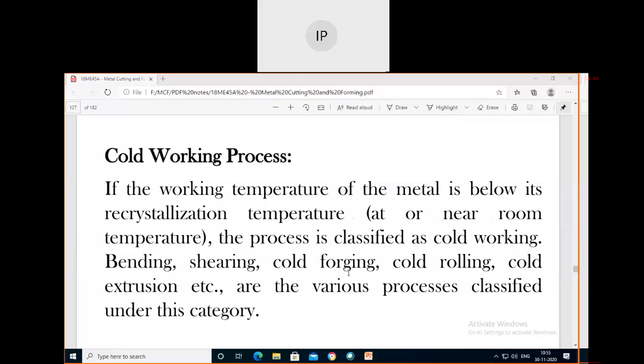Now write down the second question: differentiate between hot working process and cold working process.